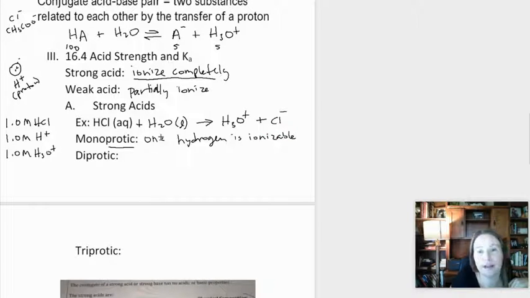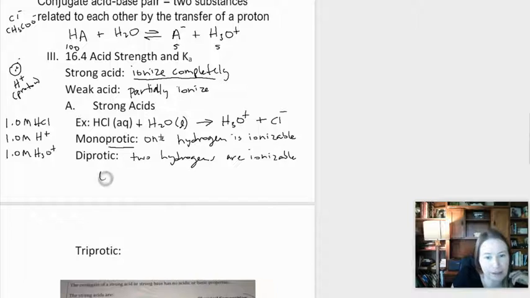It's able to be ionized. Diprotic means 2 hydrogens are ionizable. And an example of that would be carbonic acid, H2CO3.